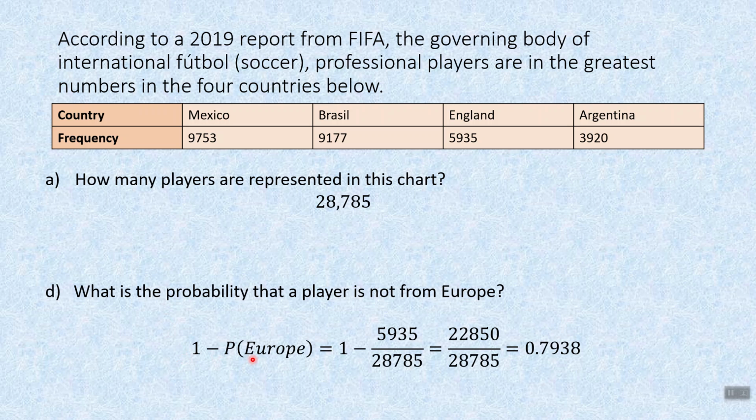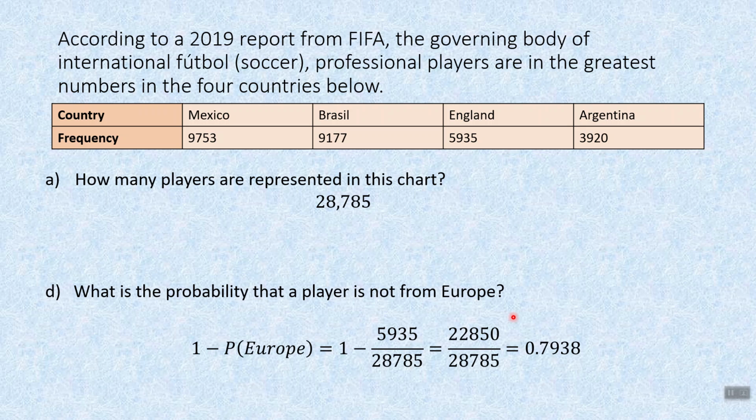It's all the rest. So the probability that they are from Europe, it's only England in this particular example, we'll have 1 minus 5,935 divided by 28,785. And don't forget that 1 can be rewritten as a fraction with the common denominator. And we find that we have 22,850 of the top 28,785 players in international football.